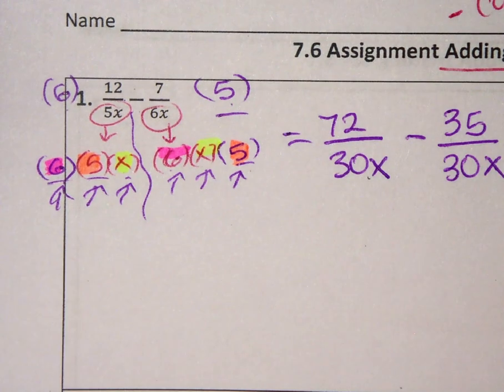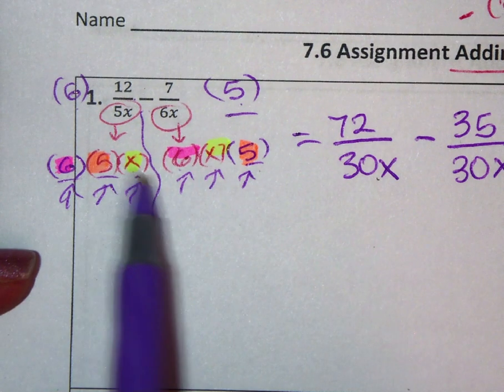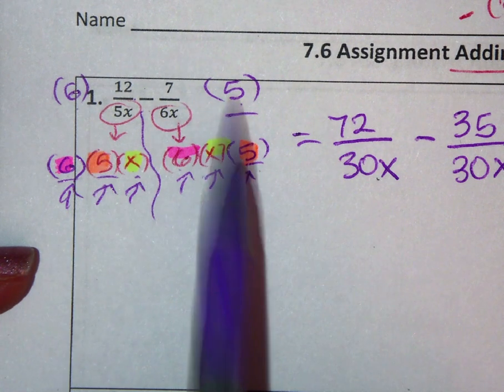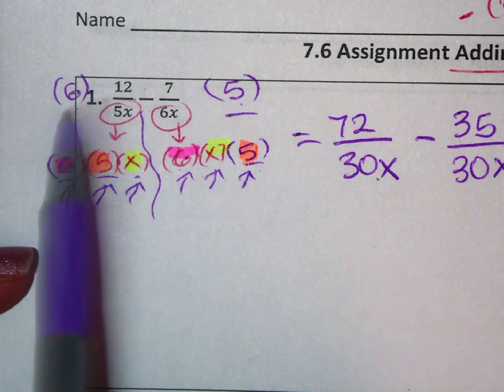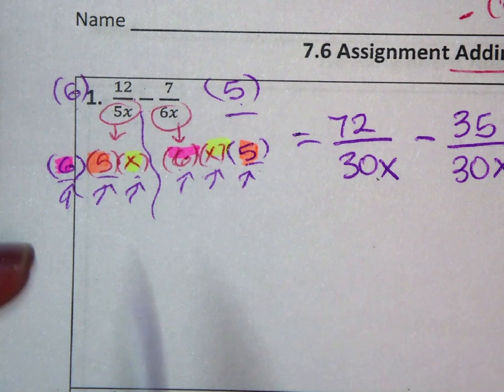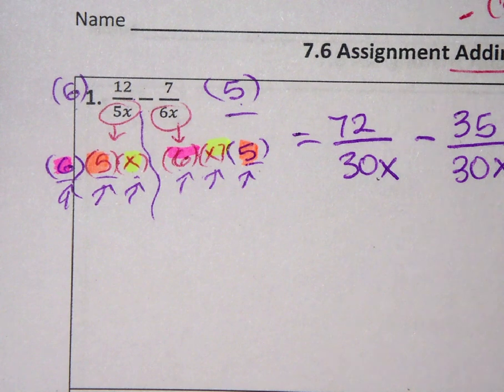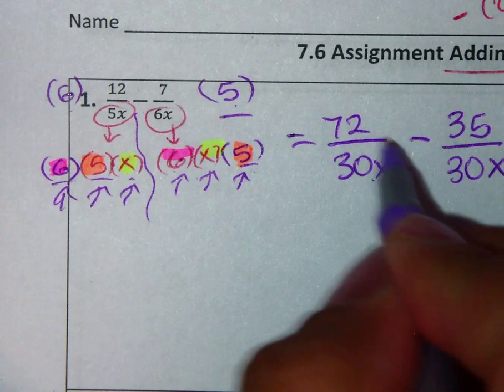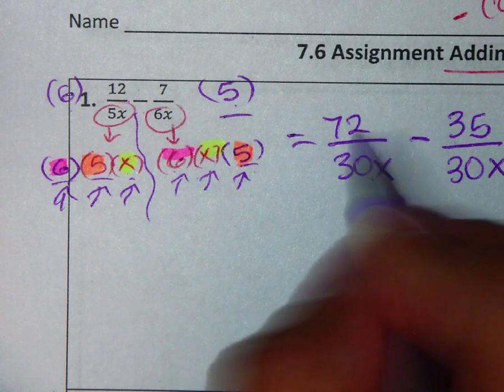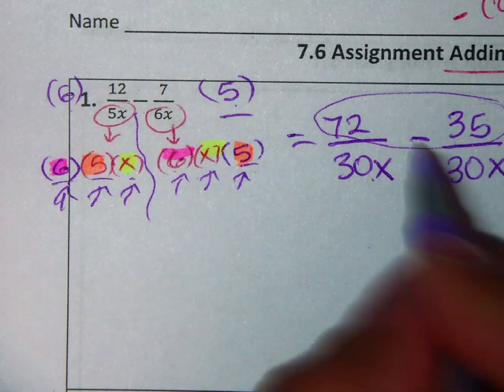So that's how it ends up being a common denominator. And again, the process to do this is factor and then multiply times the factor that you don't have on each fraction.